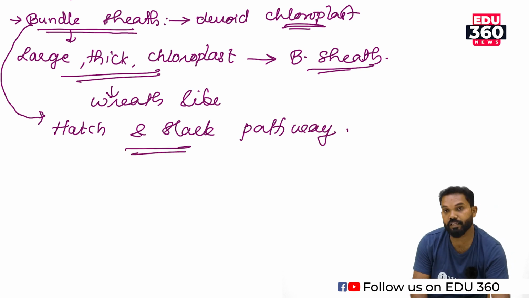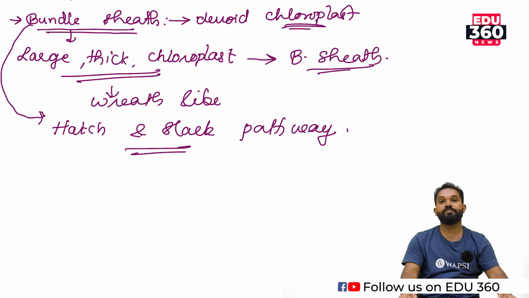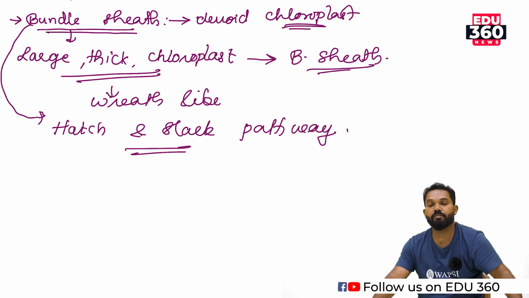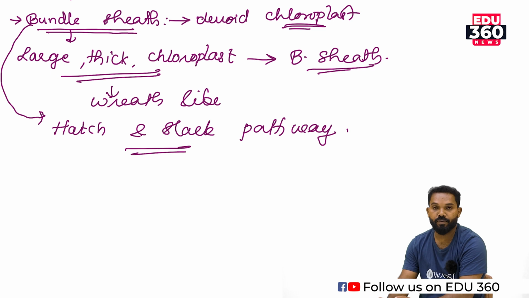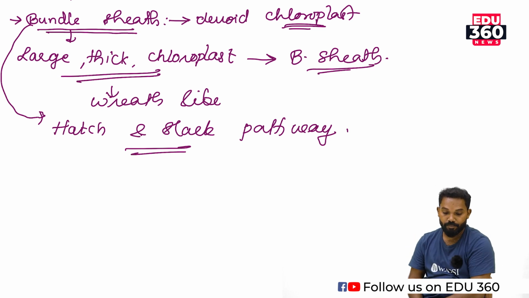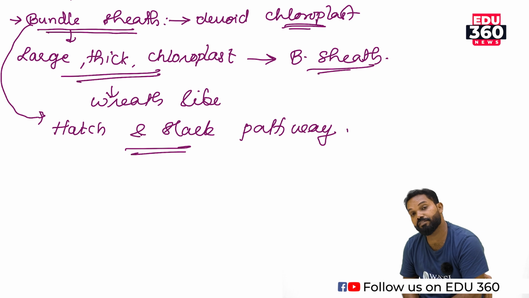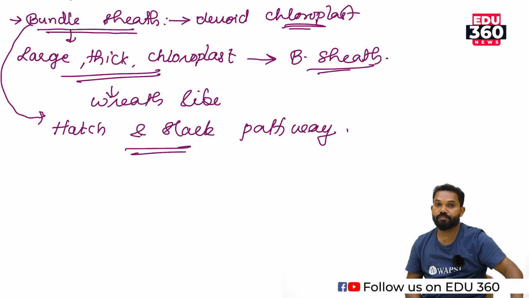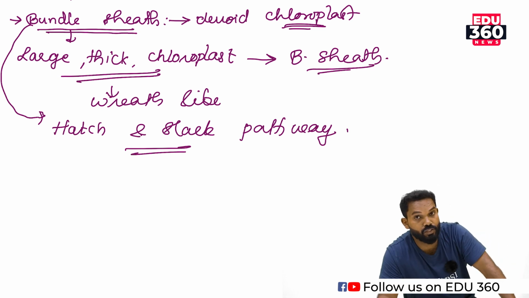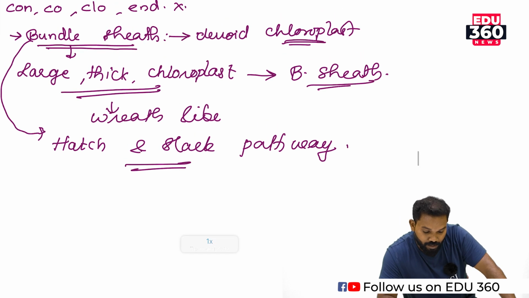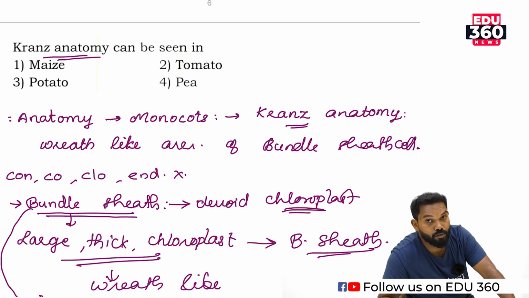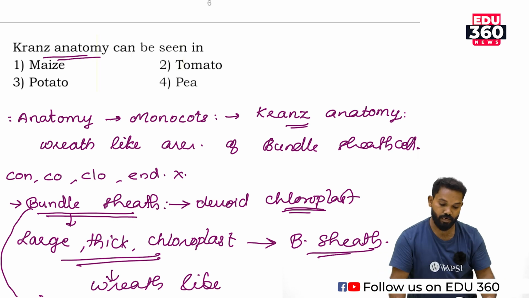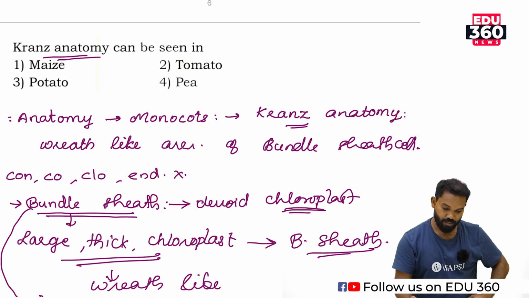It increases the efficiency of carbon dioxide fixation, that means the production of glucose, by means of a special type of anatomy known as Kranz anatomy. It is seen in plants growing in the equator region or high temperature tropical regions, some of which come under the monocot group. There they show a special anatomy known as Kranz anatomy.